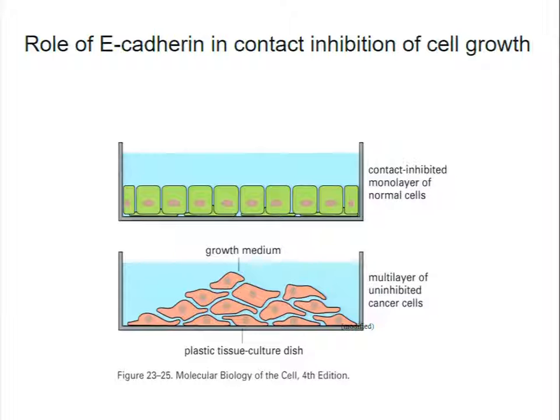So I'm going to speak about contact inhibition and regulation of tissue size and cell proliferation in different contexts. And I'm going to start from the point of view of the role of cadherins, but really talk a little bit more about the signaling pathways involved in regulating tissue growth and regeneration. And the concept I'll start with is this concept of contact inhibition of growth.